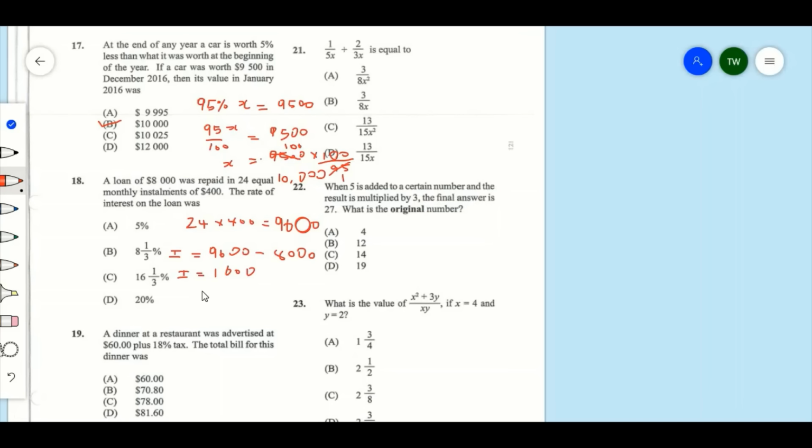So now that we know the interest, we can represent the interest as a percent of the original loan. So it's going to be 1,600 divided by 8,000, and because we want to represent it as a percent, we must multiply by 100.